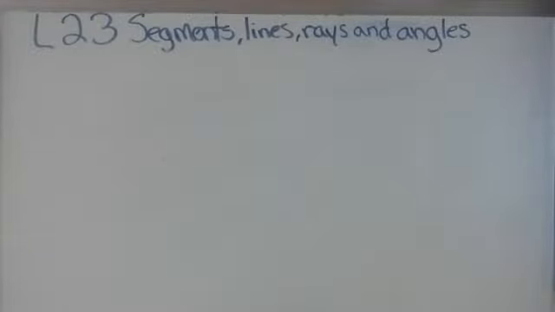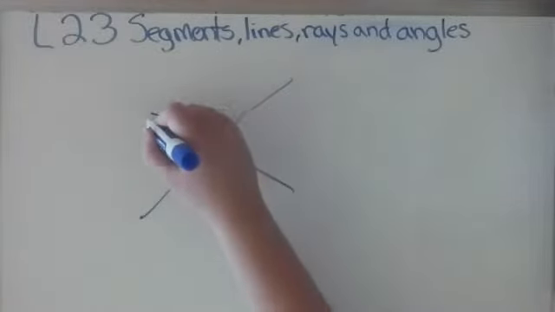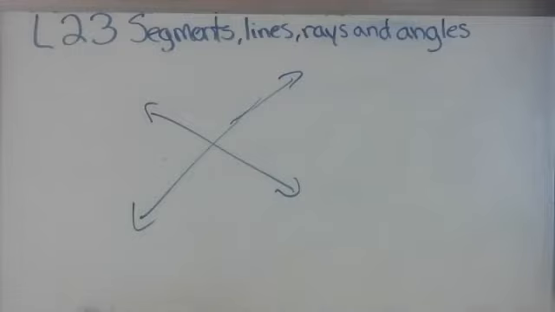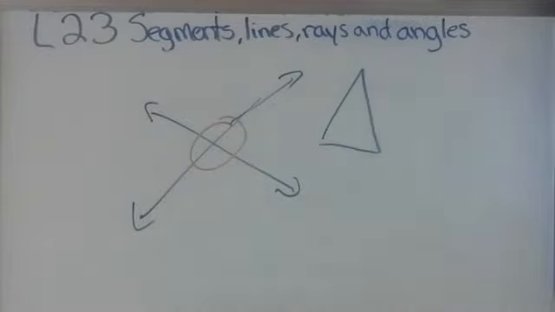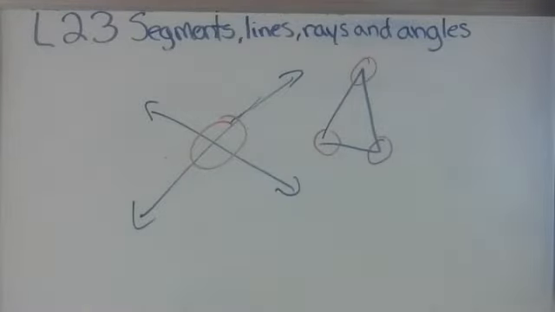You also have intersecting. When lines intersect, they meet. So for example, these lines are intersecting. They have a point in which they meet. Now, if I was doing a shape and I had, let's say, a triangle, at this triangle I have intersecting points.